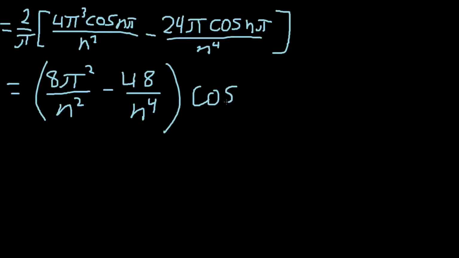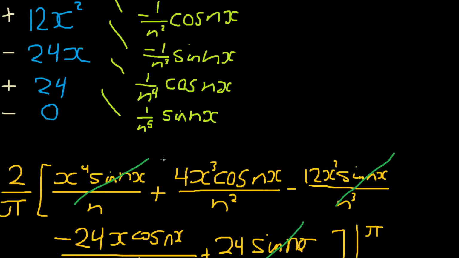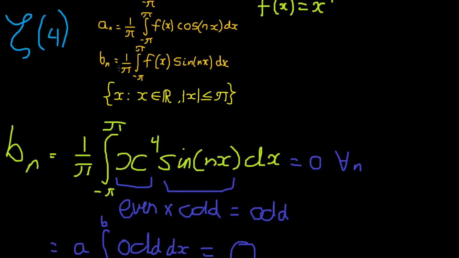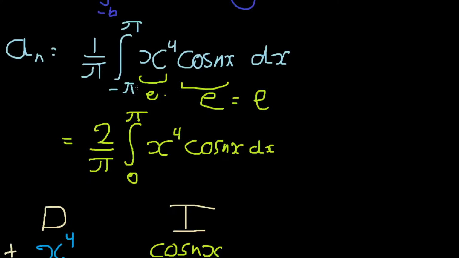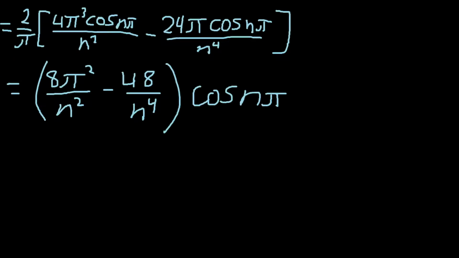Cosine of n pi. And I've just noticed we've got n's on the bottom, so we probably do actually need to work out this a0 here. Oh well, that's fine.